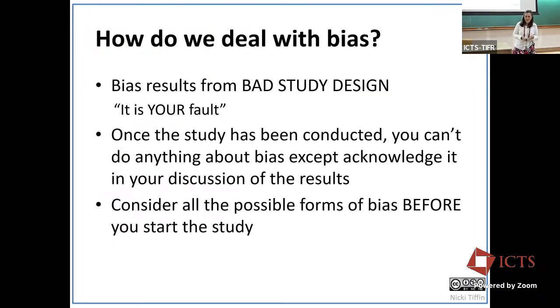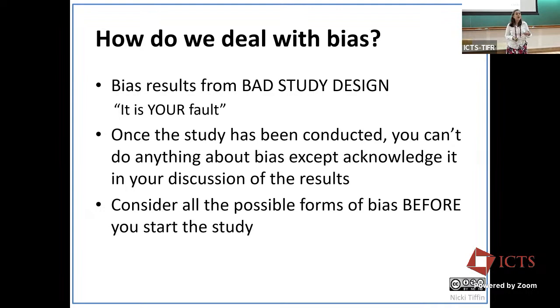So how do we deal with bias? My lecturer used to say, bias results from bad study design and it's your fault. But I like to interpret that as we can do things to avoid bias in our studies.